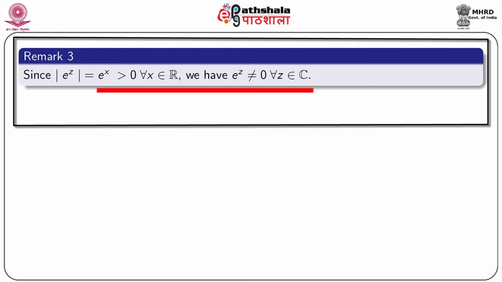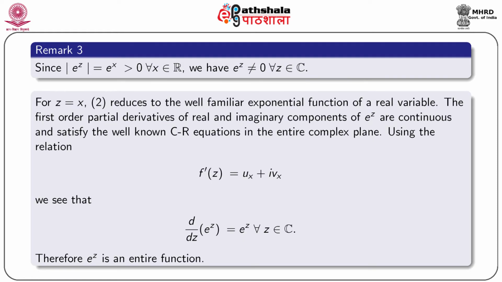Also, from this we get e to the power z is non-zero for any z belonging to the complex plane C. If we take z equal to x, then we get the well familiar exponential function of a real variable.